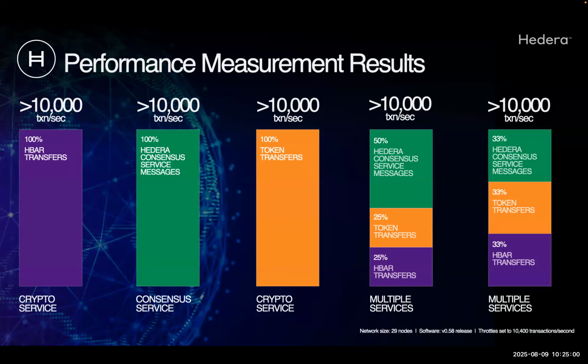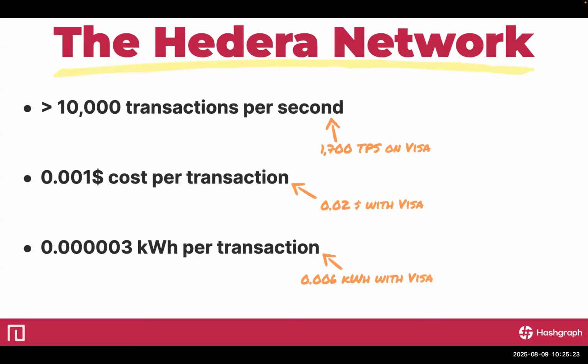And as you can see, it's proven that for all those different use cases, like doing token transfers, transfers of the native HBAR currency, or calling any smart contract, we're talking about more than 10K transactions per second in the live mainnet of Hedera, which, if you have a look at other networks, is way more than most of the other networks can do, like Ethereum, Bitcoin, or whatever.